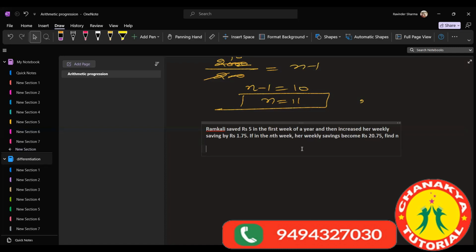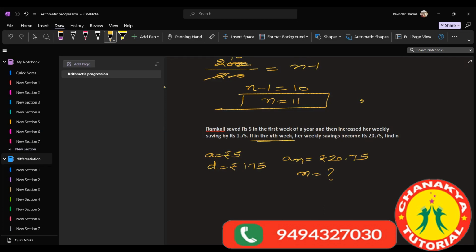A equals 5, D equals 1.75, and AN is 20.75. So the value of A is ₹5, D is ₹1.75 and the nth term is ₹20.75, so we have to find N. Apply the formula AN is equal to A plus N minus 1 into D. So 20.75 is 5 plus N minus 1 into 1.75.